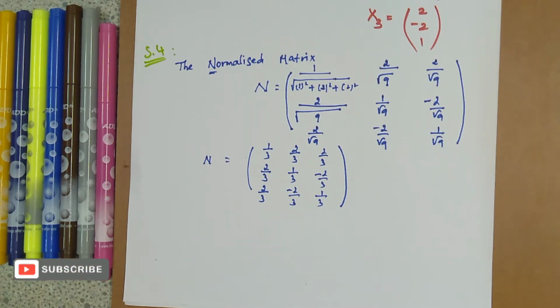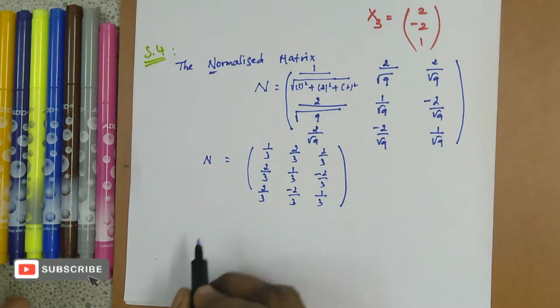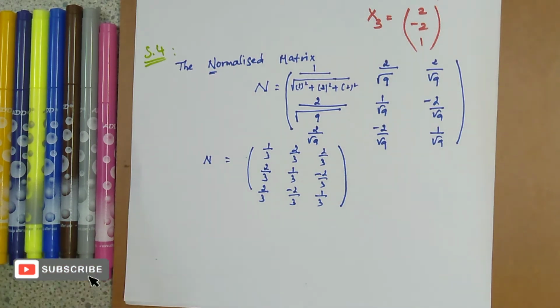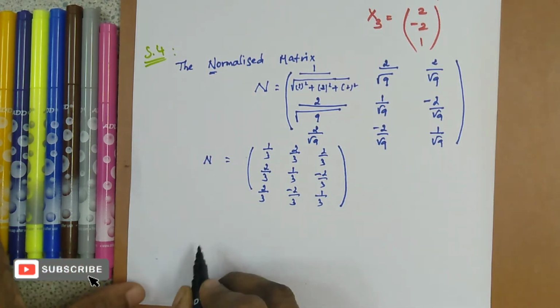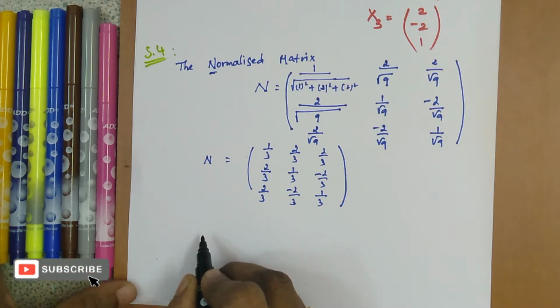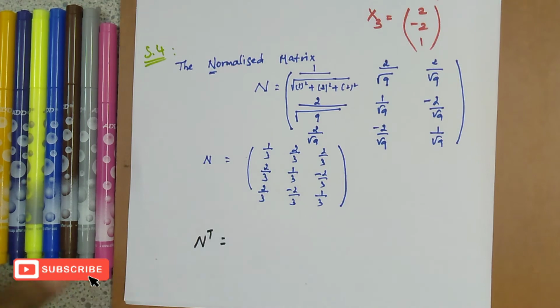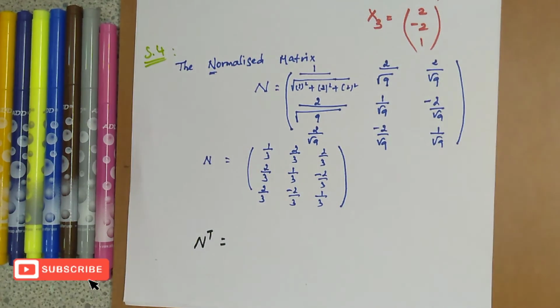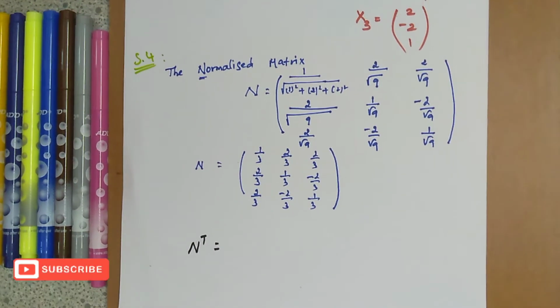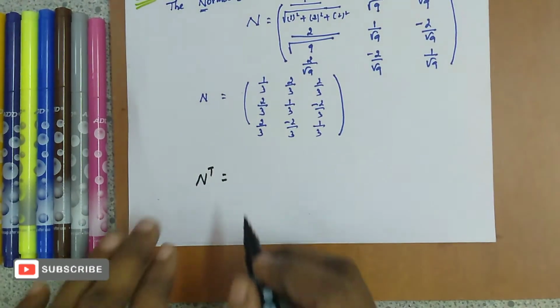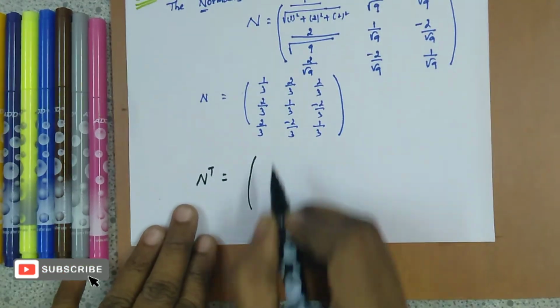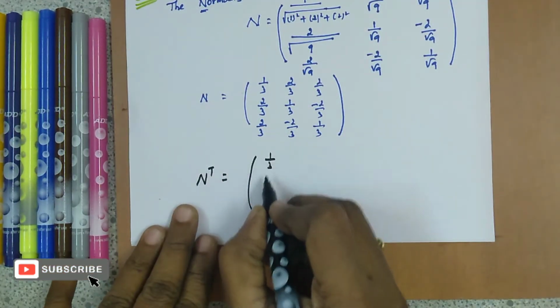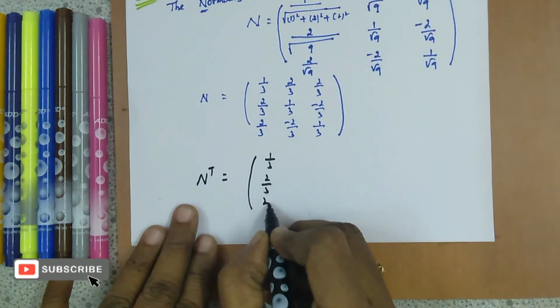So after the normalization, what we need to do is take the transpose of N. So N transpose is nothing but rows become columns or columns become rows, that is called the transpose of a matrix. So here we can write 1 by 3, 2 by 3, 2 by 3.